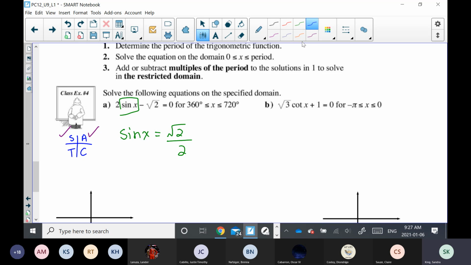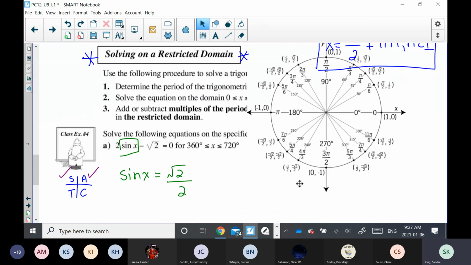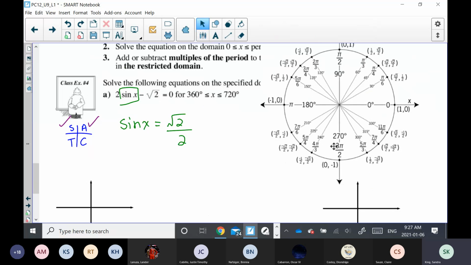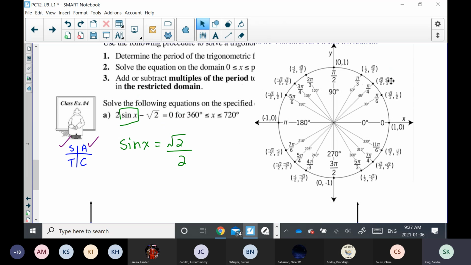We could look at our unit circle, where sine is our y value, root 2 over 2. Just to quickly show you that, then I'm going to show you the algebra, because on all your tests you're going to need to be able to do the algebra. So where in quadrant 1 is y root 2 over 2? Right here. So one of our answers is going to be pi over 4.